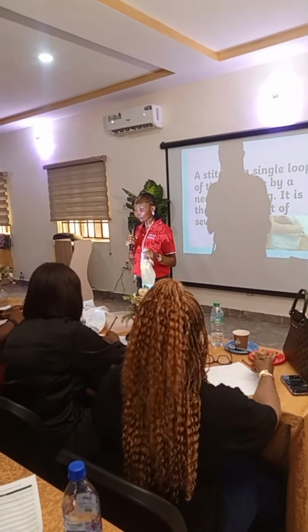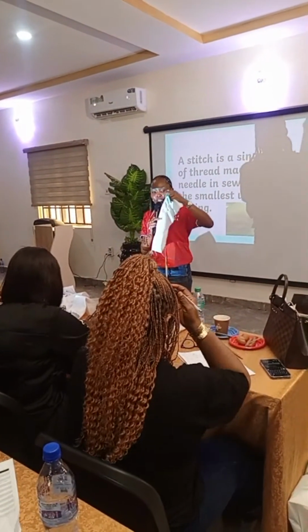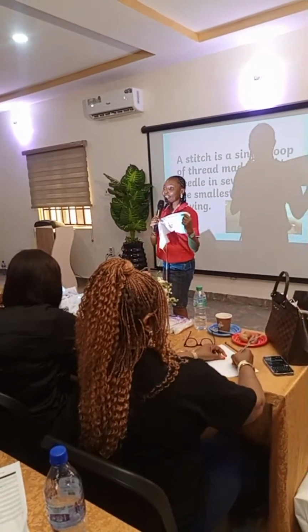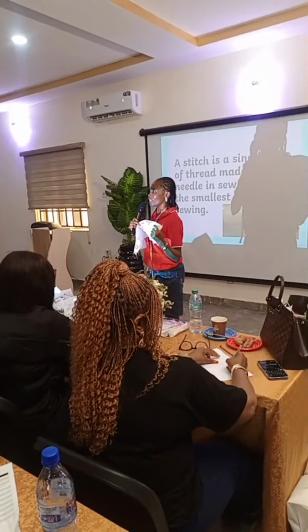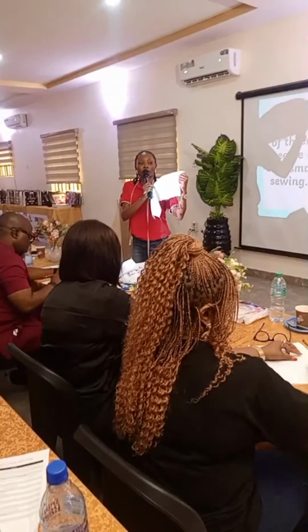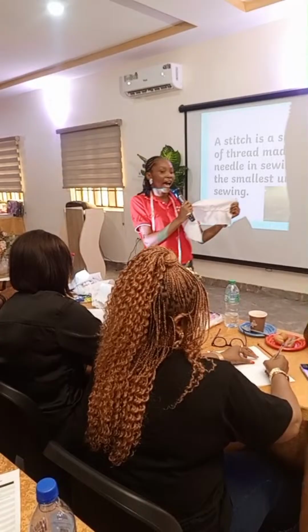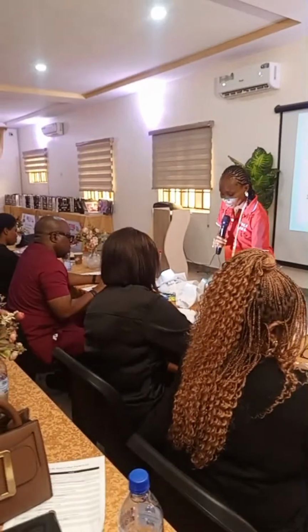So when I was putting in this stitch, I threaded my needle and passed it in and out of this fabric to hold it, and the design on it is called stitching. Good job.